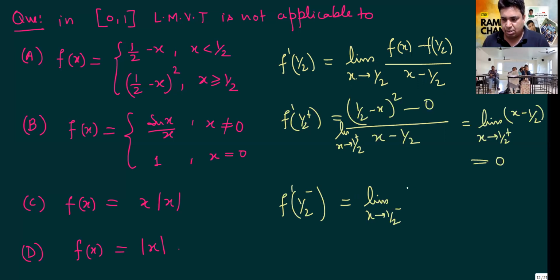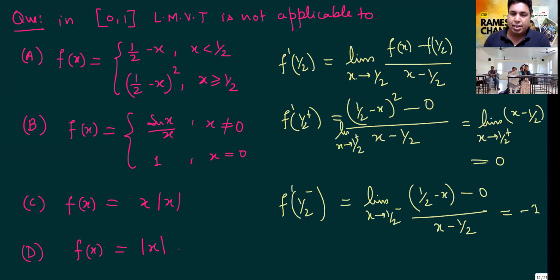For half minus the function is 1 by 2 minus x, and minus f of half is 0, upon x minus half. So you can see this is coming out to be minus. So left hand derivative and right hand derivative are not equal. So we will say that f dash half does not exist, meaning the function is non-differentiable at half.